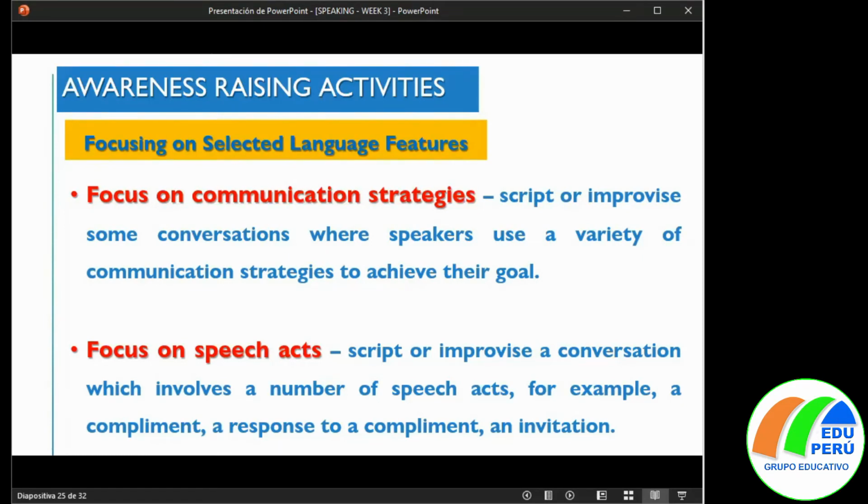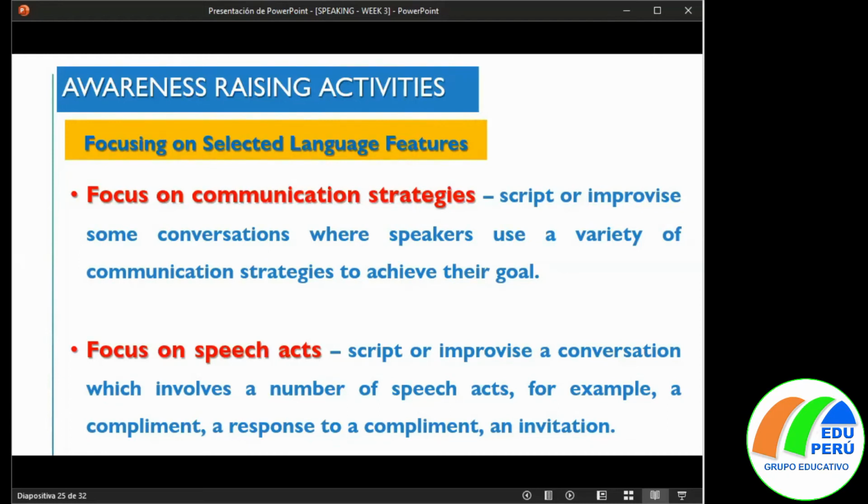This is the purpose of communication. The person is going to describe, to explain. And in order to describe or explain, he is going to use first a communication strategy. What is the communication strategy? Circumlocution. And in order to circumlocate, the student is going to use a grammatical structure. He's going to use relative pronouns or relative clauses.